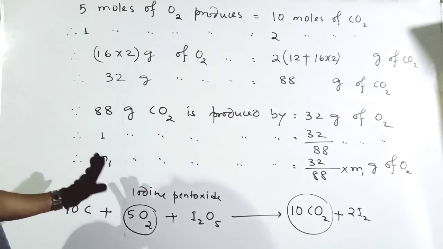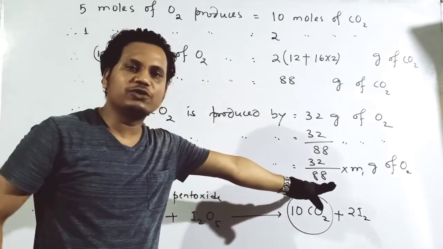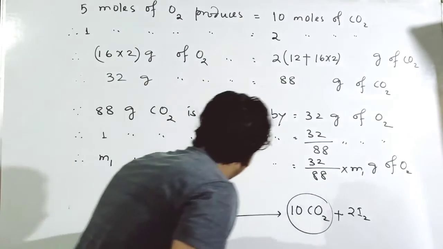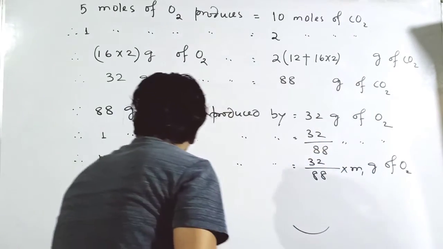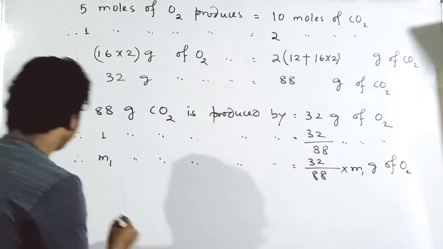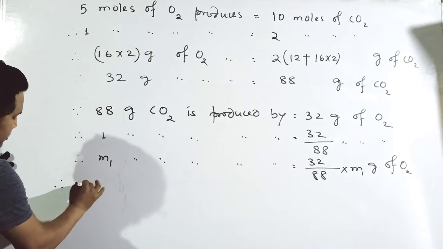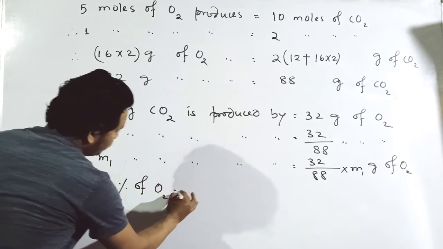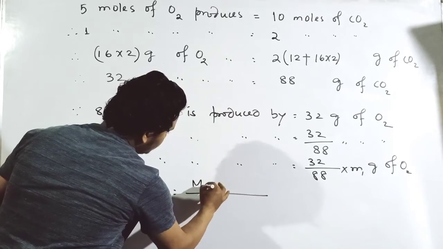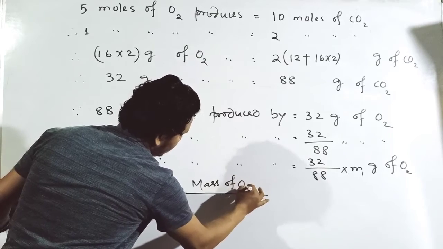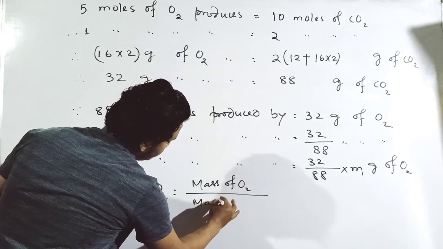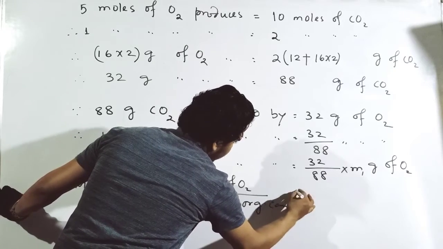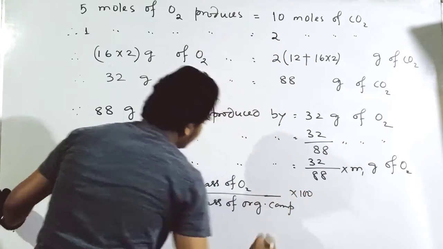Our aim was to calculate the mass of O2, and we got it. Now you can easily find the mass percentage. The mass percentage of O2 is the mass of O2 by the mass of organic compound into 100. Now put the values.